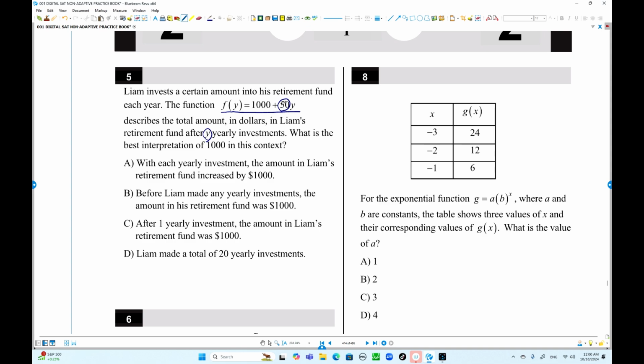What is the best interpretation of 1,000? When y equals 0, 1,000 is the initial value, right? Before he has made any yearly investment, he already has $1,000. Yes, that represents the initial value. So choice B is the answer.